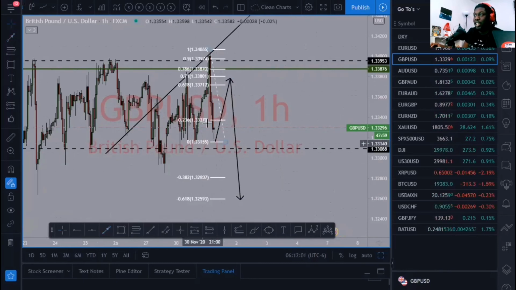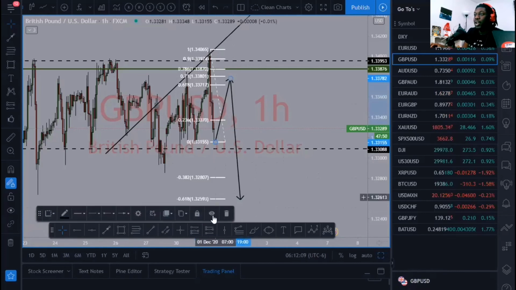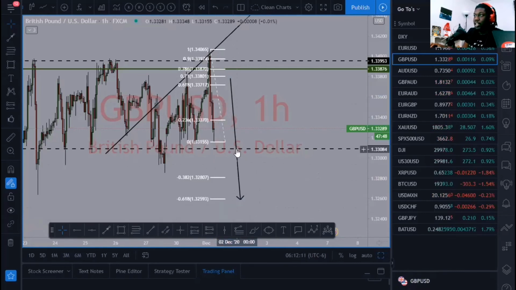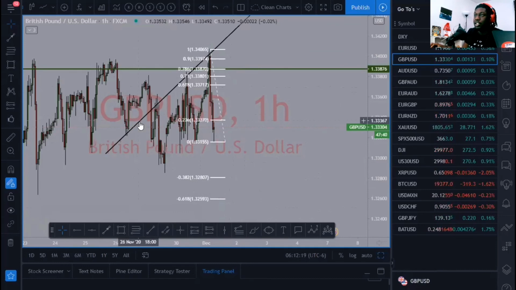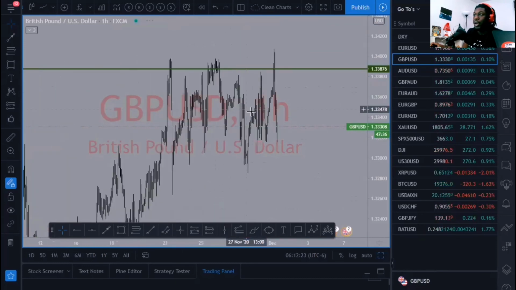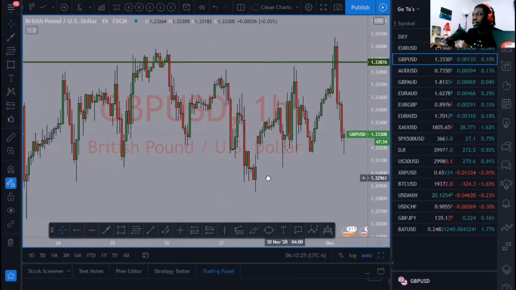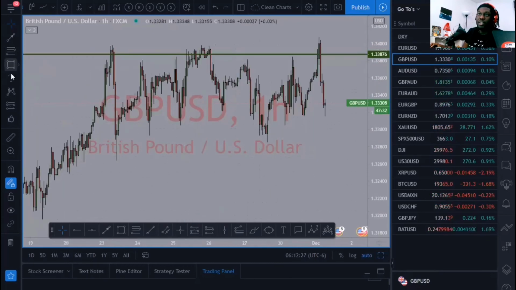But if I were to just look at this based off of what I'm seeing right here, I'd want price to come back up to 1.33800 and then drop. So that's what I would be looking for in an intraday trade. But as I said, what I would really want, and let me get rid of this line because it's not needed, is for price to break through.